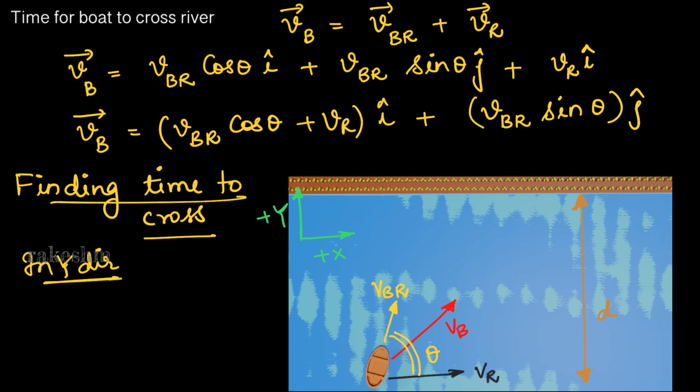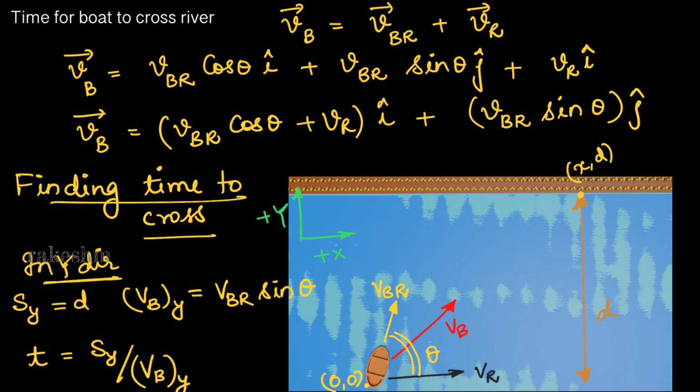Now we will find the time it takes to cross the river. So we will write the equation in y direction. Initially, let us take the boat was at origin 0, 0 and finally it is at coordinates x, d.